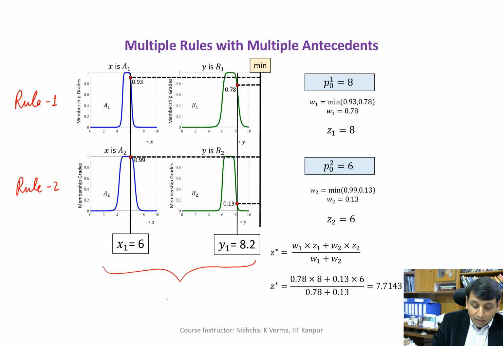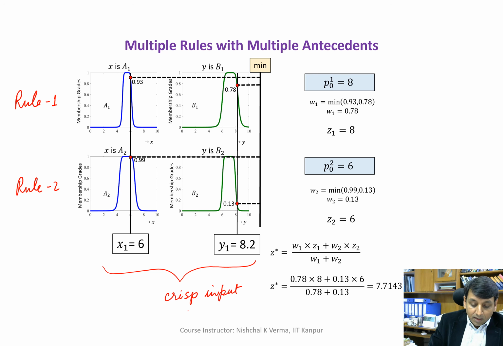Please remember that this input is the crisp input. Any arbitrary input which falls within the fuzzy regions of A1, B1, A2, B2 can be taken, or else it may be given as an unknown input suitably.